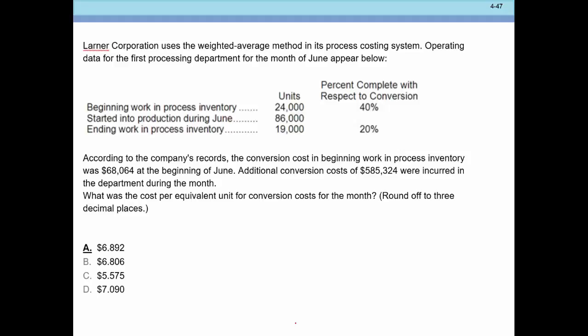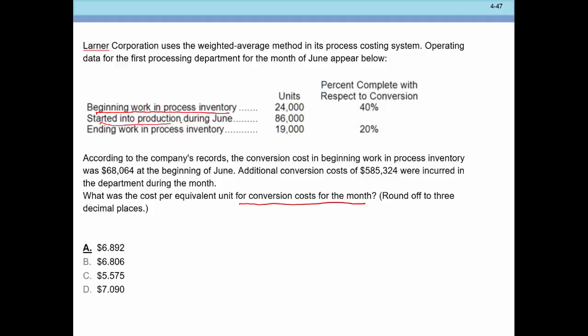All right, so let's go ahead and take a look and see what we have here. They give me information here, and we want the cost per equivalent unit for what? My conversion cost, right? And I take a look, and they tell me that we're having beginning work in progress, 24,000.